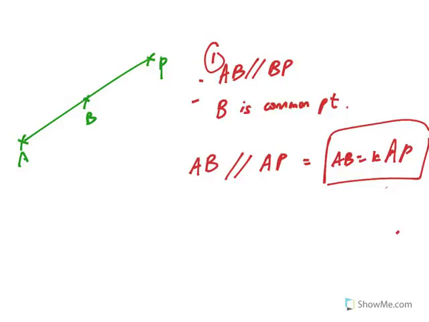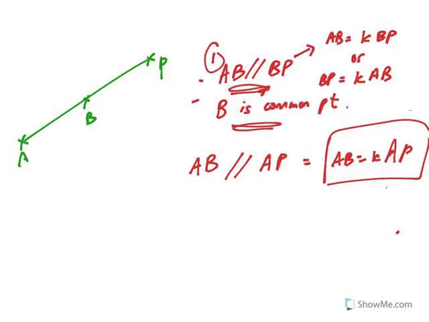For the first one, in a way you are saying either AB equals K of BP or BP equals K of AB. You can say that, but you need to state B is a common point. In fact, if you can, you state for both. That's the best.